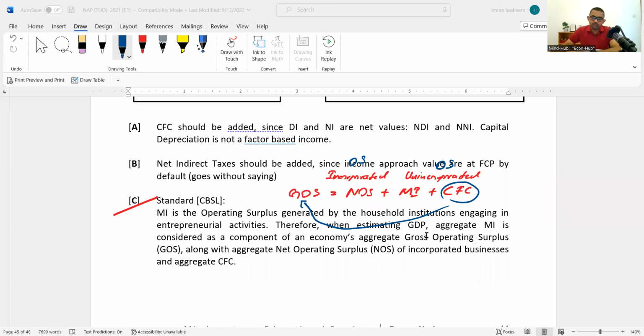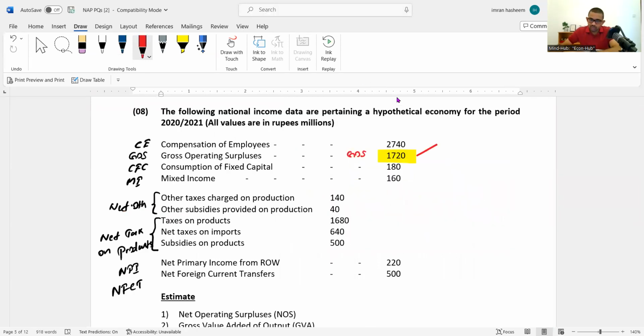So this should include net operating surplus, which is what we are trying to find. But this will also include mixed income, and this will include CFC. Got it? These values we have.